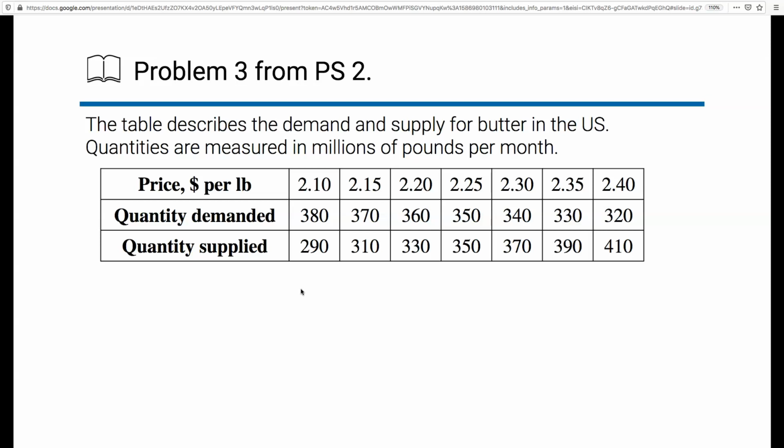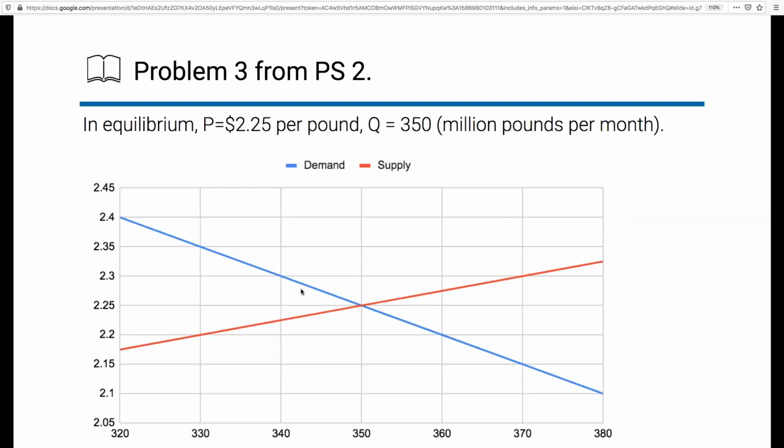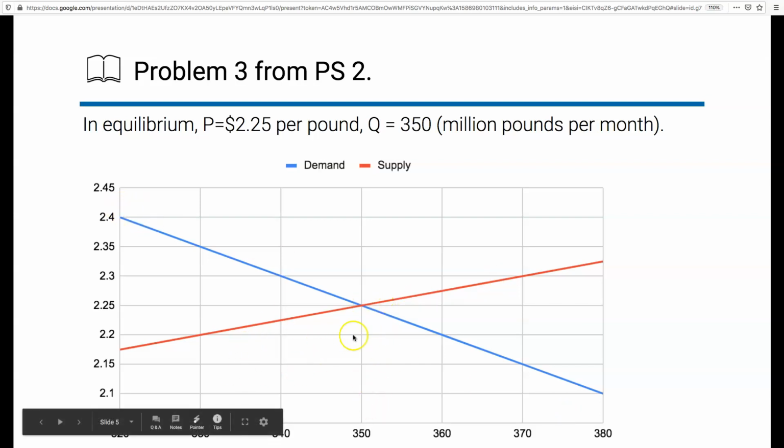So given the demand and supply schedule, the table, we can plot the demand and supply curves on the graph, and you can see that the equilibrium corresponding to the intersection of demand and supply occurs at the quantity of 350 and the price 225.